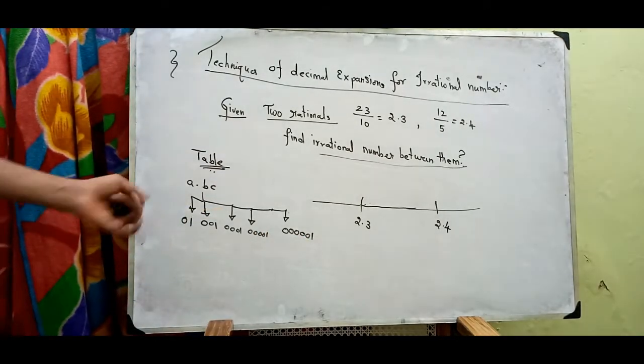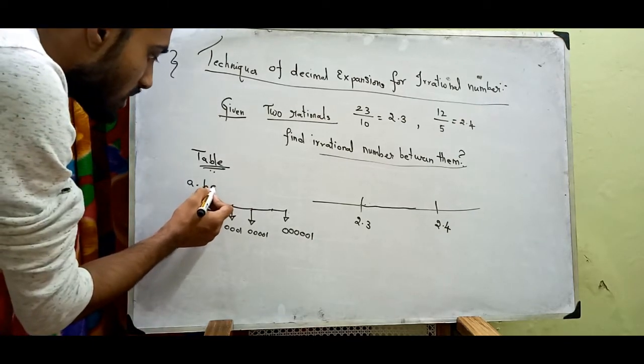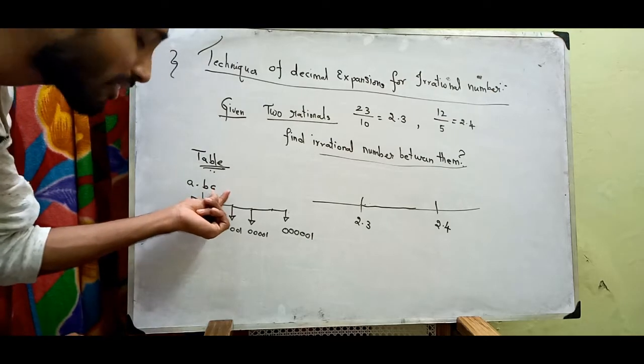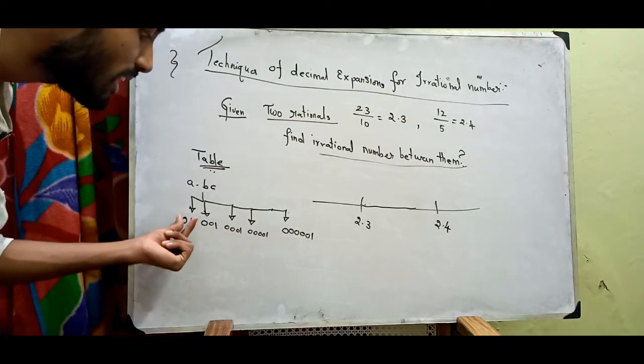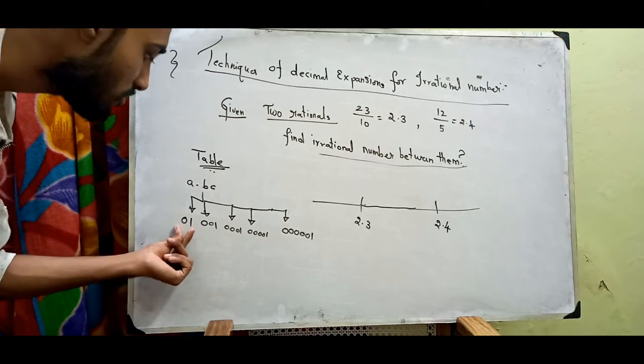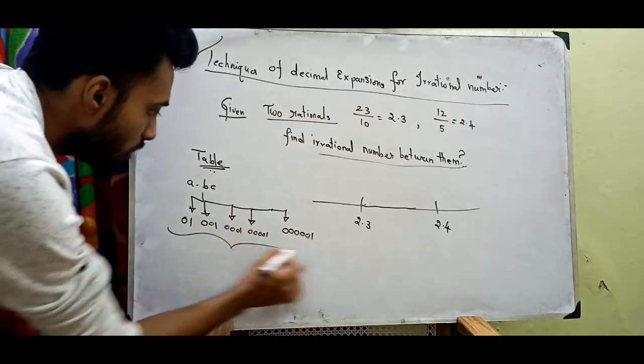Whatever number is given, you write it, and after the C, the last digit of the decimal, you affix these. The resultant will be an irrational number.